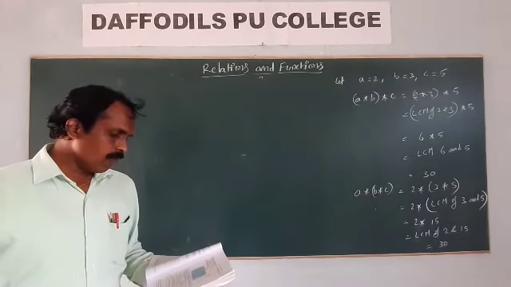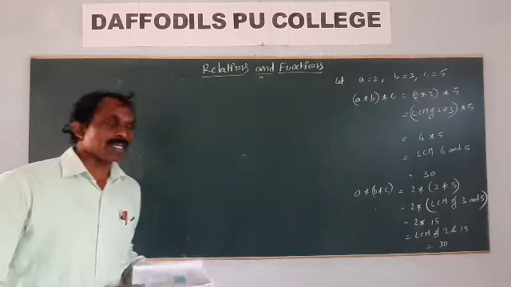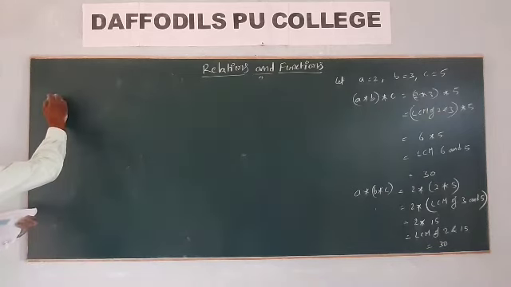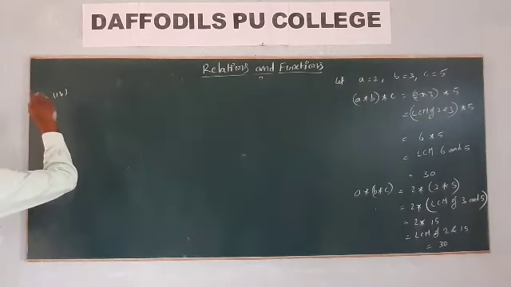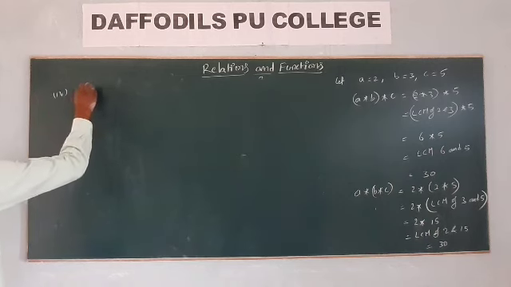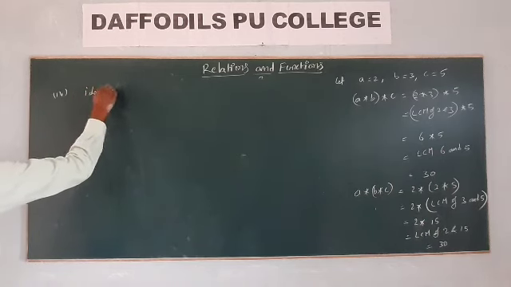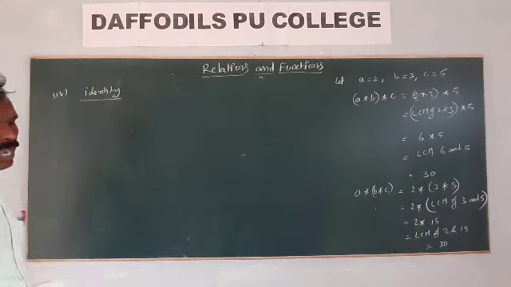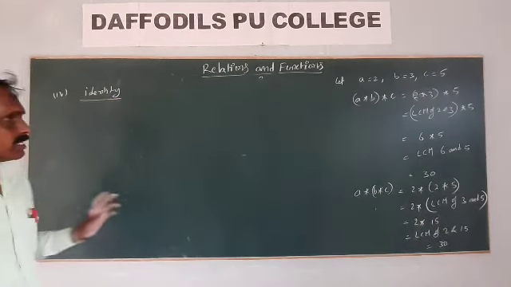Next, find the identity of star in N. Next, the fourth bit. Okay. What is identity?